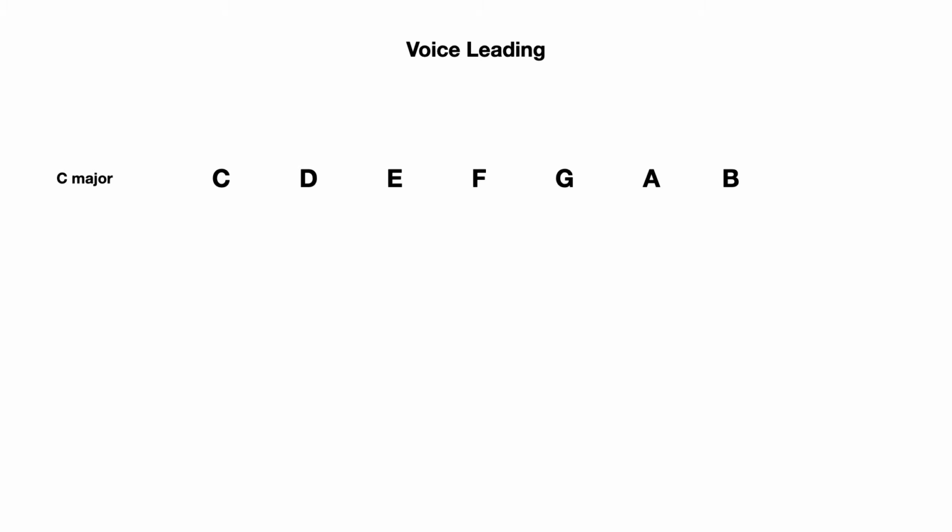So if we take a C major scale, what I'm interested in is not just moving triads, which is what they focus on in Neo-Riemannian theory, but I want to actually look at voice leading through scales. So if we take a C major scale, let's copy this down, and what we can do is we can alter one of these chord tones, one of these scale tones, and actually get a smooth voice leading or a parsimonious voice leading.